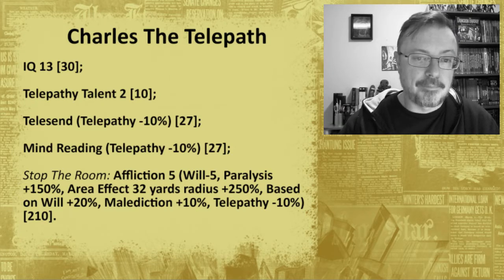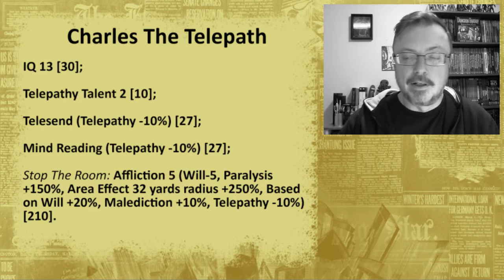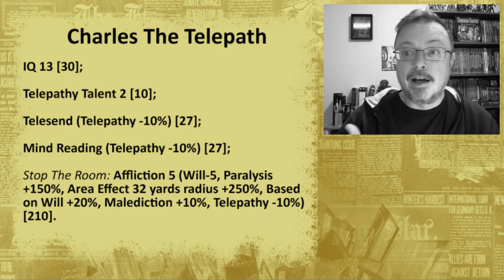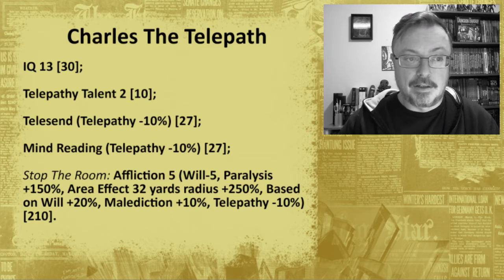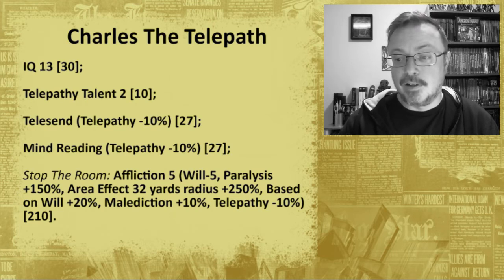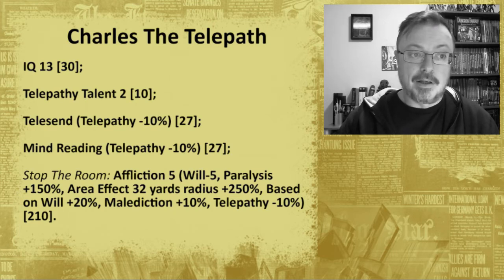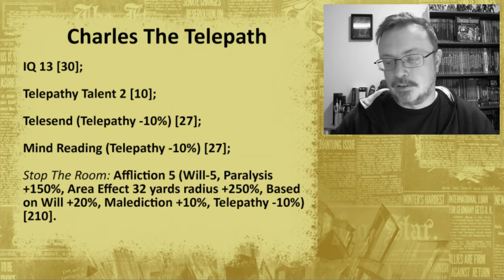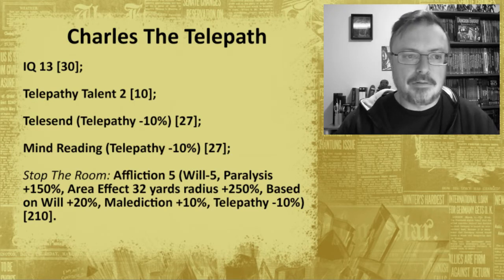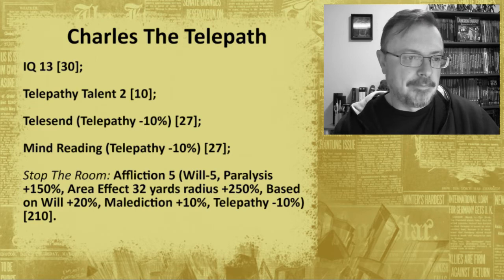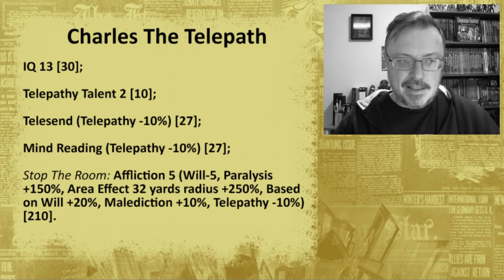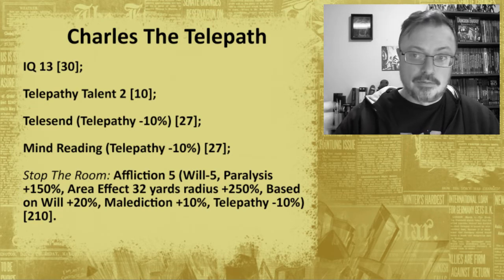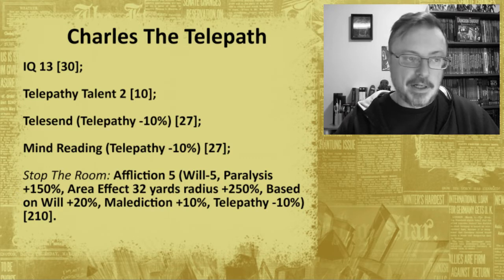It's very bare bones, but you can see here that I've chosen a high IQ with the telepathy talent at level 2, giving him a 15 effective skill to use his telepathy power, which is pretty solid. Then a telesend and a mind reading ability to have a conversation both ways.